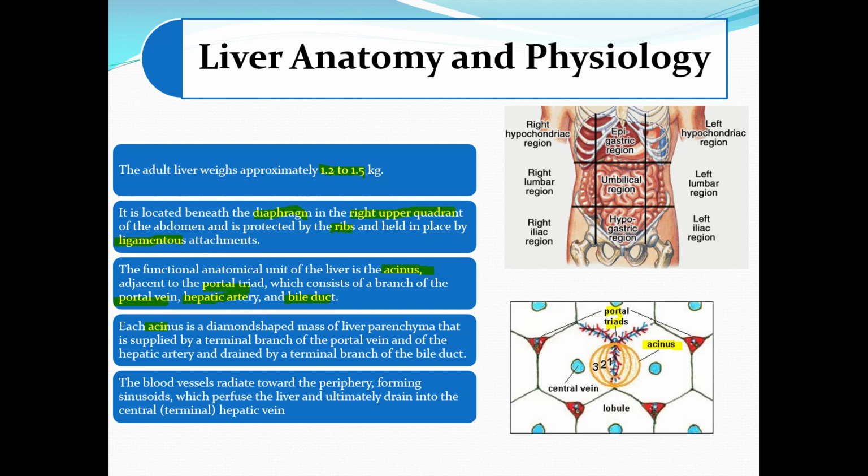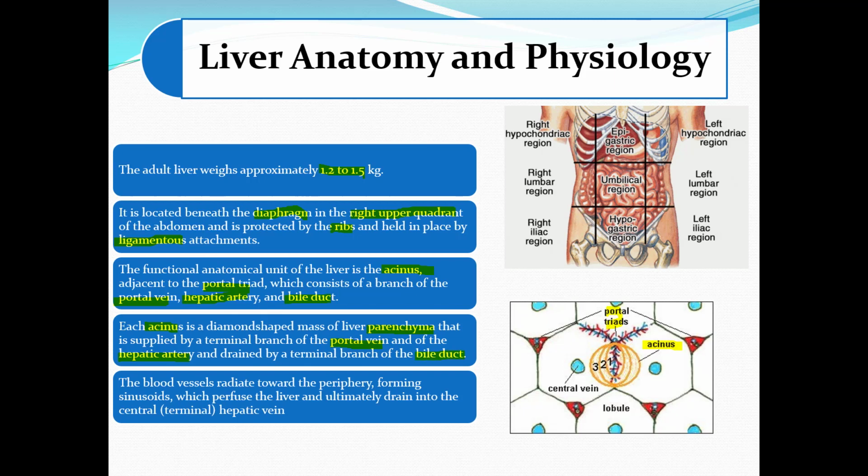Each acinus is a diamond-shaped mass of liver parenchyma. The liver parenchymal cells are supplied by the terminal branches of the portal vein and of the hepatic artery, and are drained by the terminal branch of the bile duct.